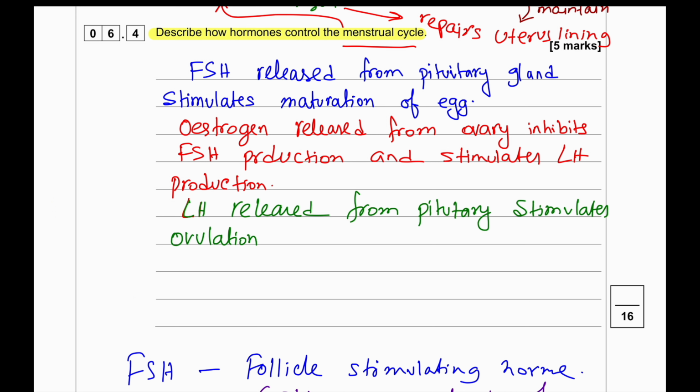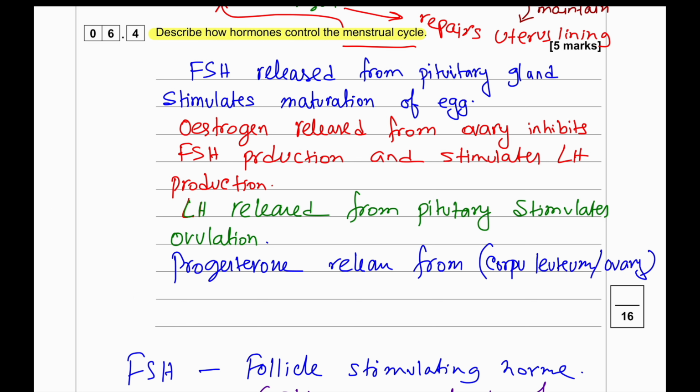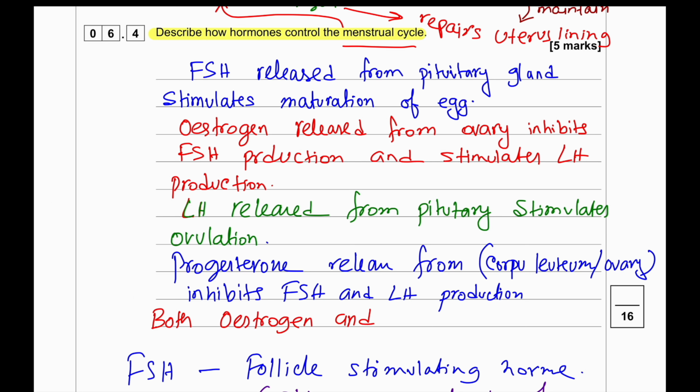Progesterone released from the corpus luteum inhibits FSH and LH. Progesterone is also needed after pregnancy. So, progesterone inhibits both FSH and LH so that multiple eggs are never released. And both estrogen and progesterone maintain the uterus lining.